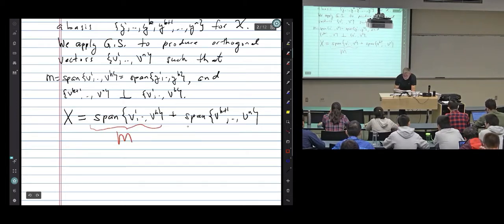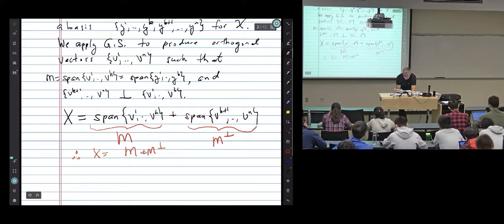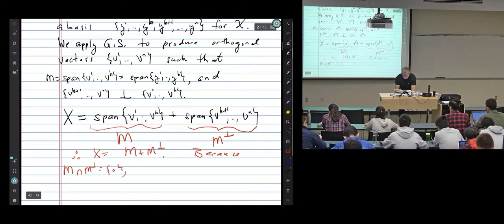This is M. These are orthogonal to M, so this is M perp. And so the conclusion: X equals M plus M perp. And because M intersected with M perp is the zero vector, we can put the circle here. Bingo.